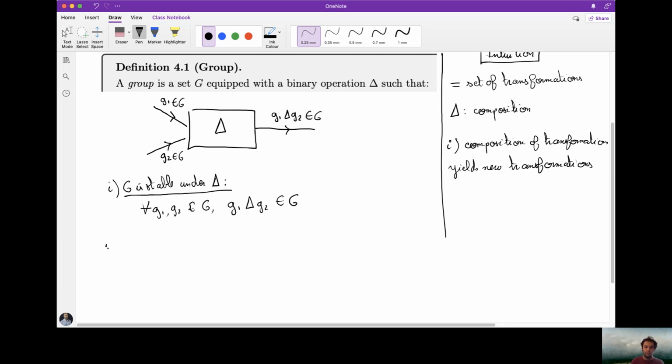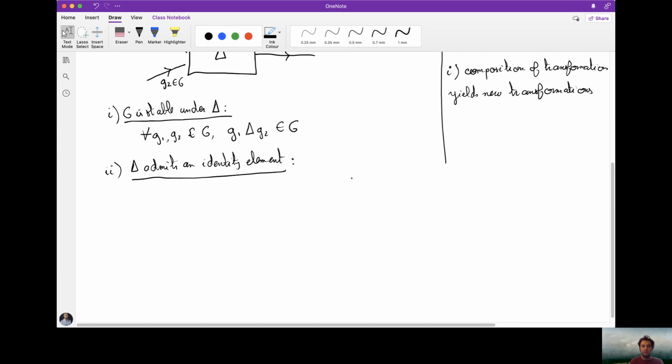Second property that we need is that delta admits an identity element. Okay, so if we write this precisely, what does it mean that it has an identity element?